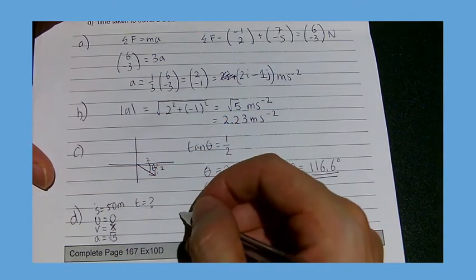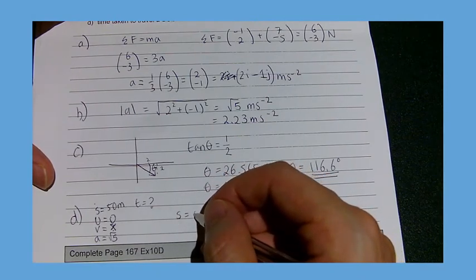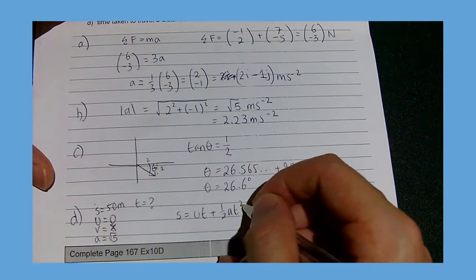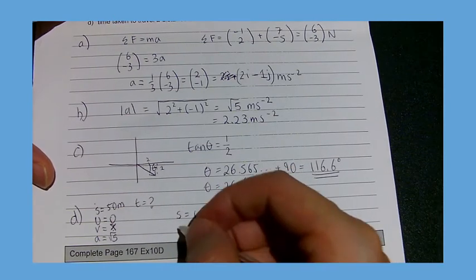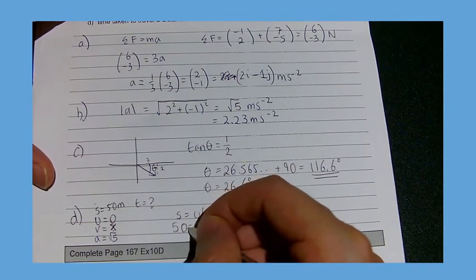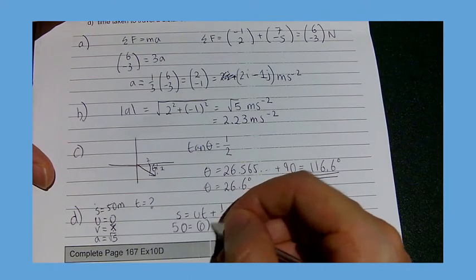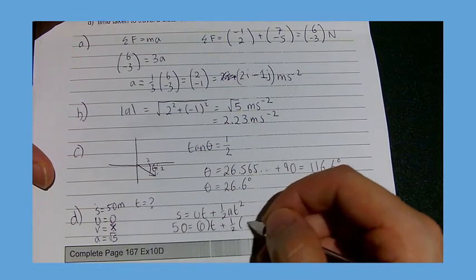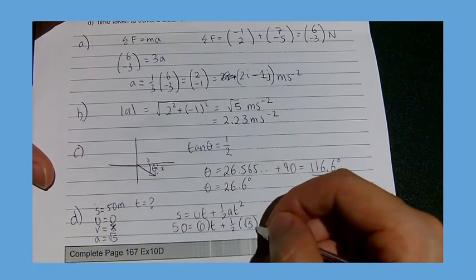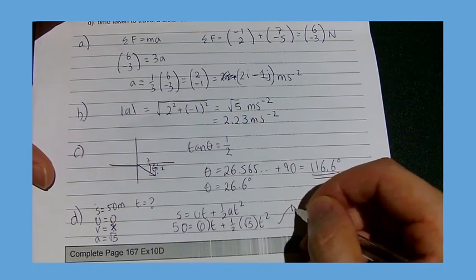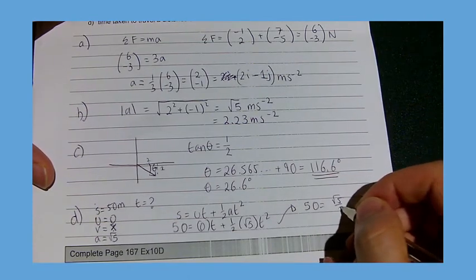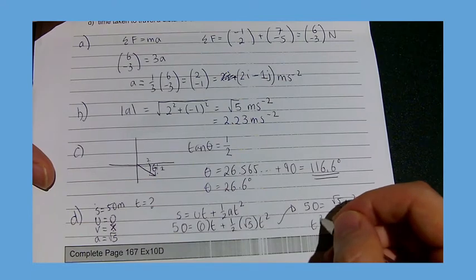Okay, so one that comes to mind immediately is s equals ut plus half at squared. Okay, 50 equals 0 times time plus half root 5 t squared. So 50 equals root 5 over 2 t squared.